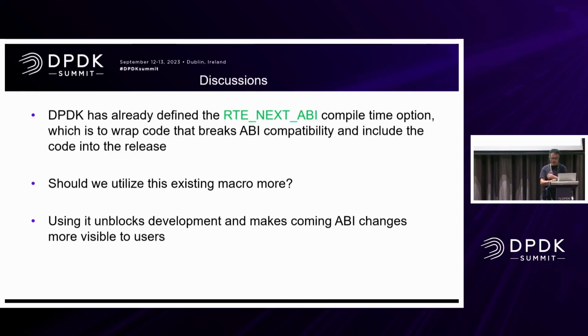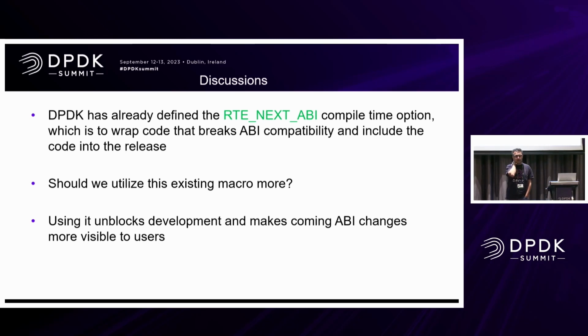I would like to discuss one more thing before leaving, again related to ABI versioning. In DPDK, we already have a macro called RTE_NEXT_ABI that is documented in the process. We have ABI process documentation, by the way; it is in the backup slides for anyone interested. But this is documented and not used at all, as far as I remember.